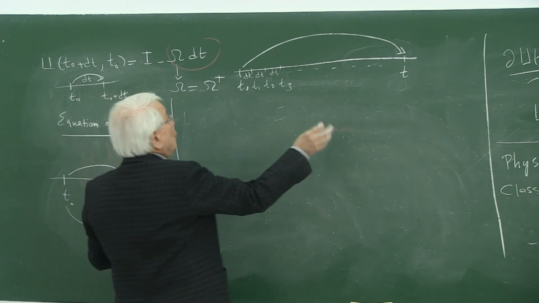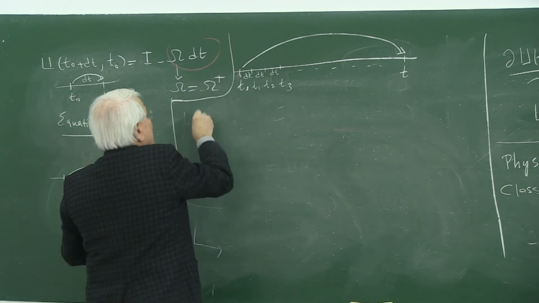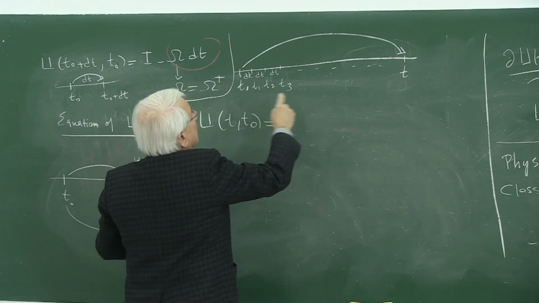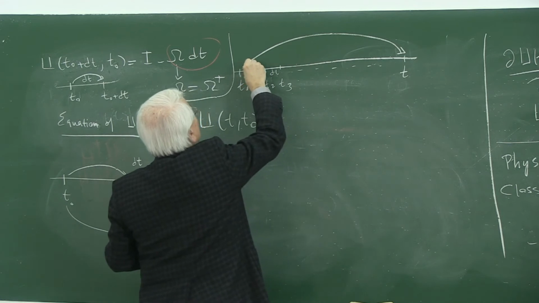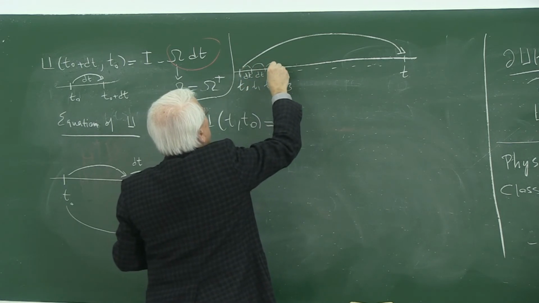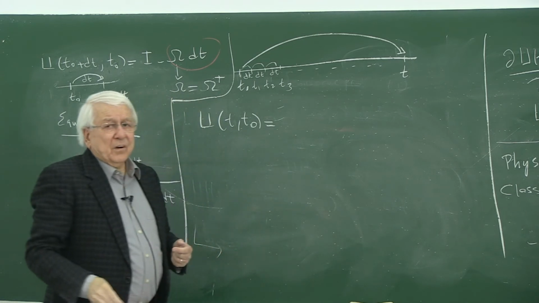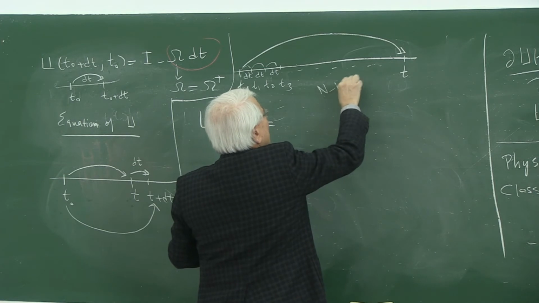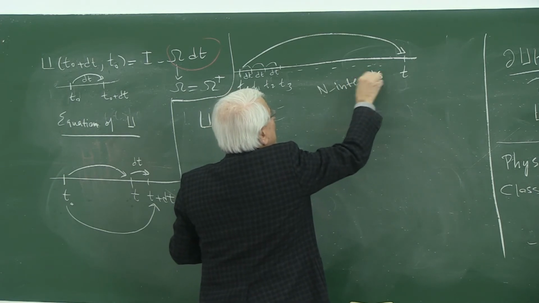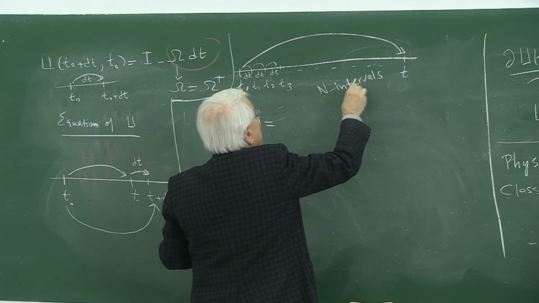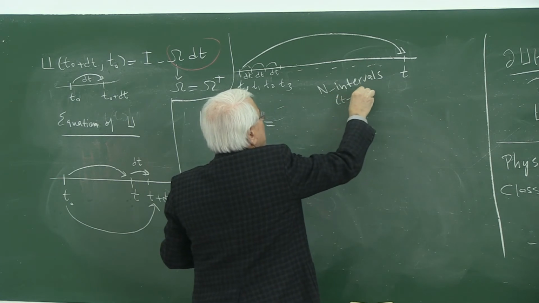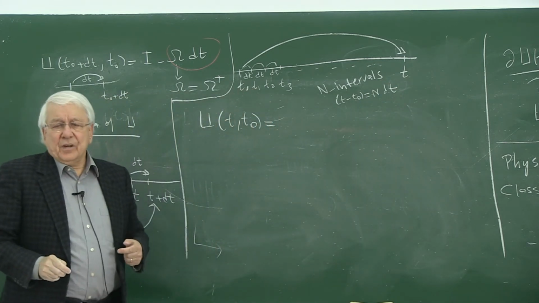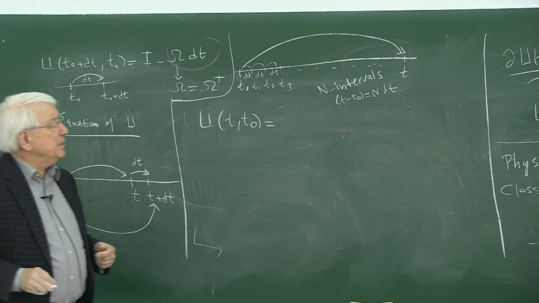And the full finite transition u(t, t0) is, I can go through these steps. How many? If there are n intervals, then t minus t0 is n times dt, or you can solve for dt and write it as t minus t0 divided by n.